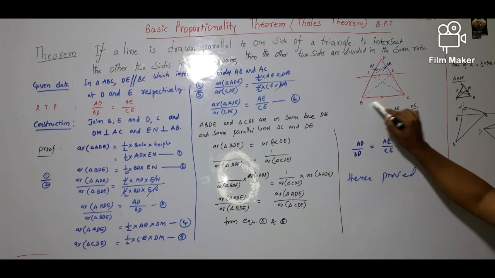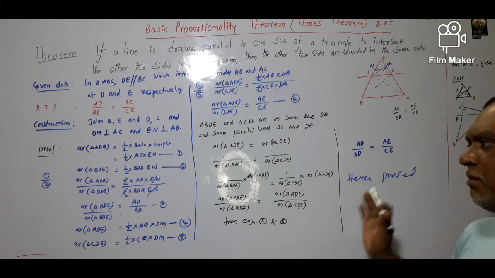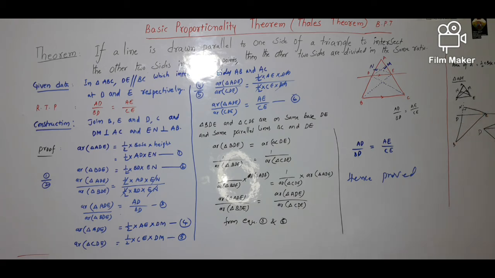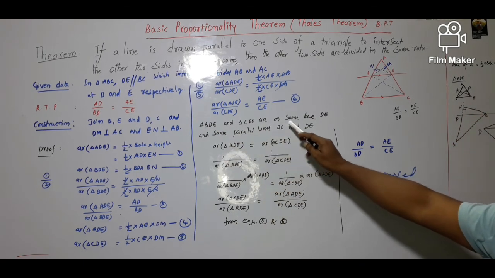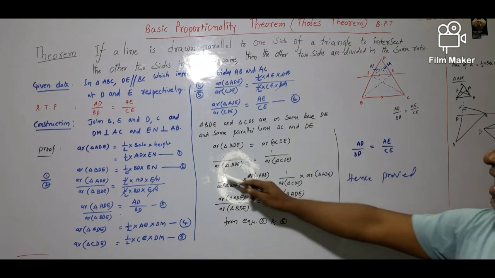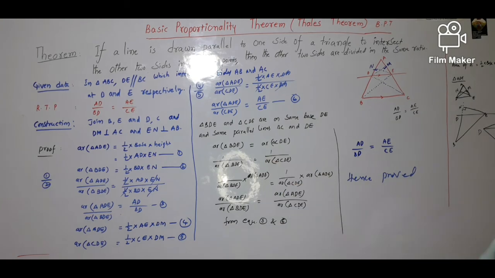We know that any two triangles having the same base and lying between two parallel lines have equal areas. So triangle BDE and triangle CDE are on the same base DE and between the same parallel lines BC and DE. So the area of triangle BDE is equal to the area of triangle CDE.